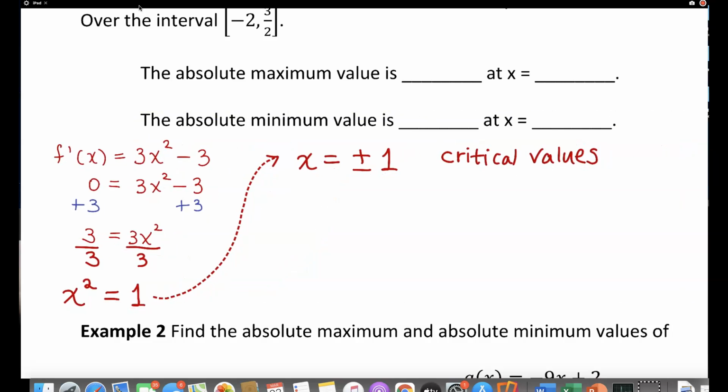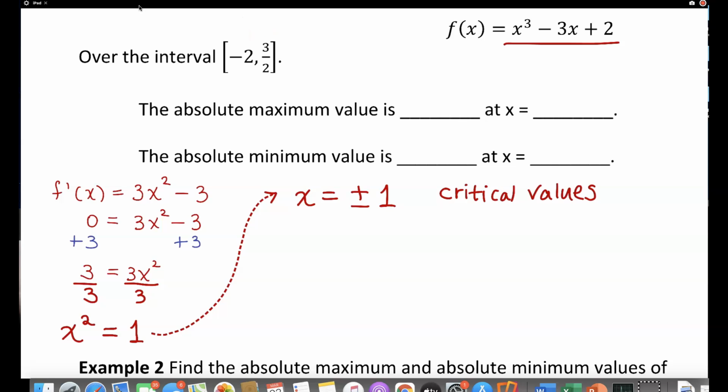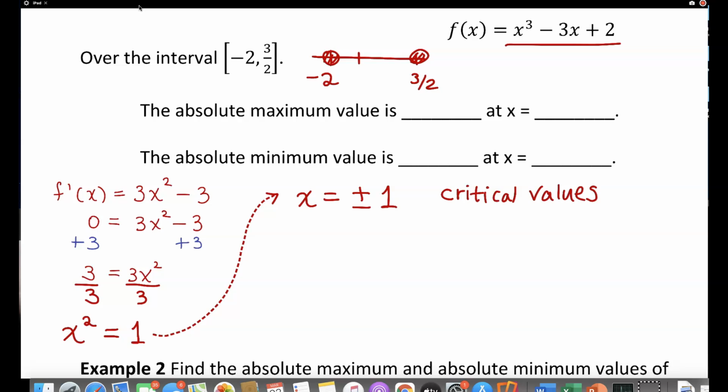First of all, are +1 and -1 both in this interval? Because the interval is from -2, including -2, to 3/2. Yes, -1 is in here and +1 is in here. So both critical values are fine.